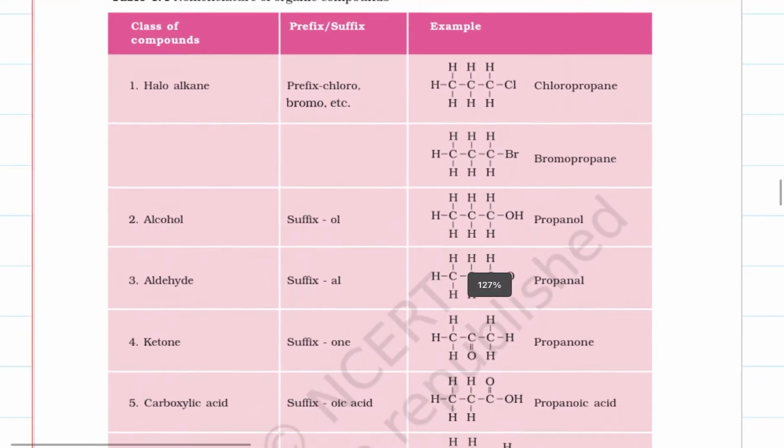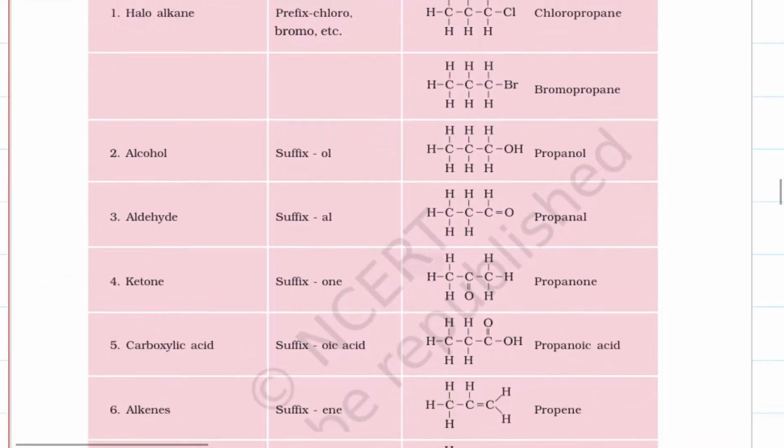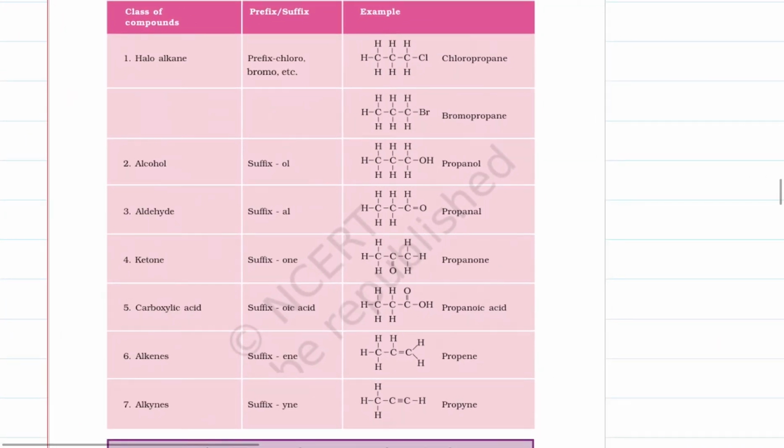So you can see here a few functional groups given to you. First is haloalkanes, where it is F, Cl, Br, and I. The prefix will be according to the functional group attached. If it is F, then fluoro, Cl, then chloro, Br then bromo, and I then iodo.